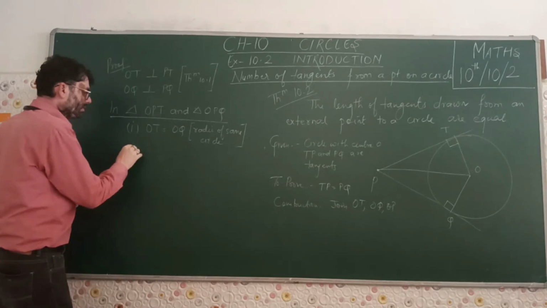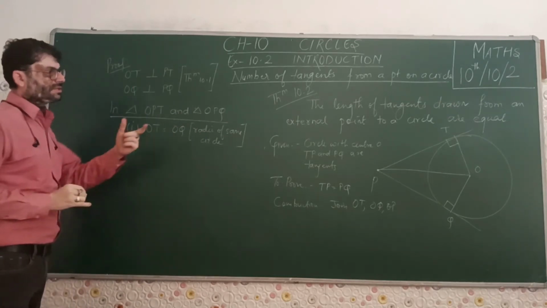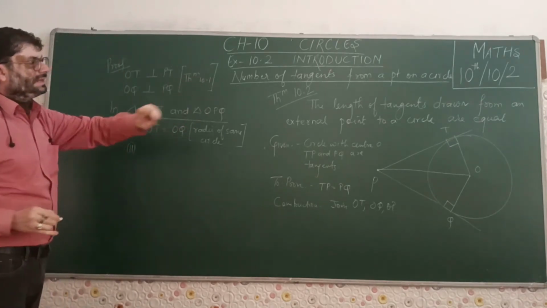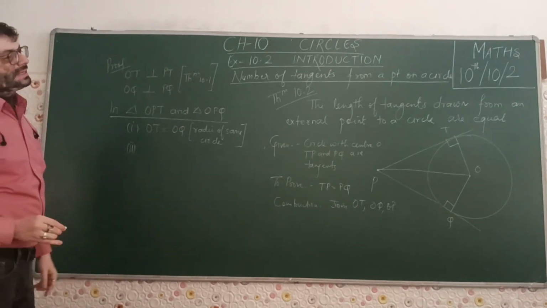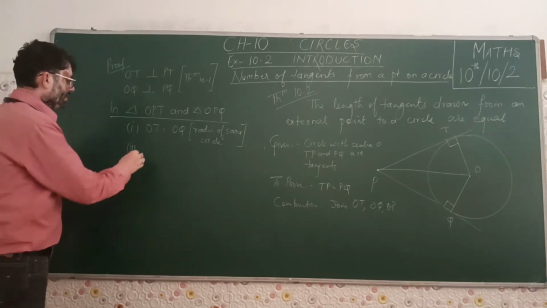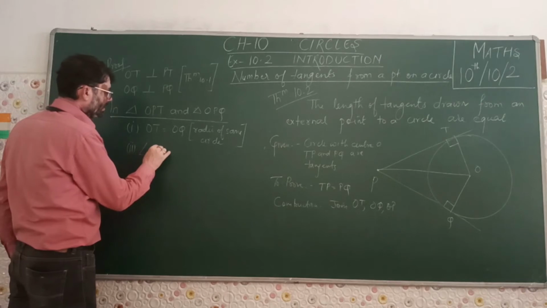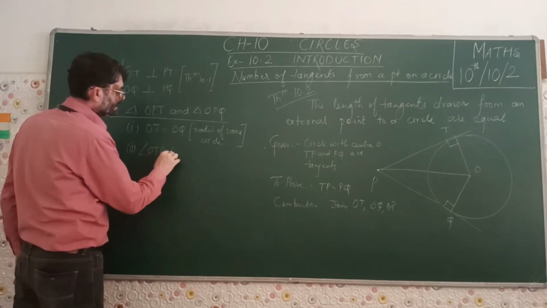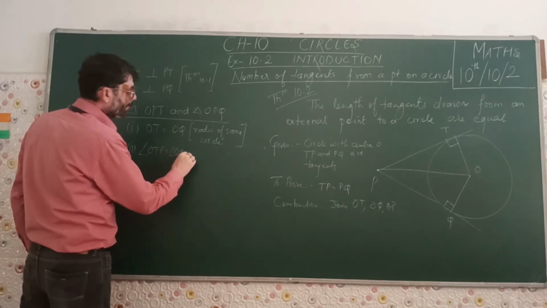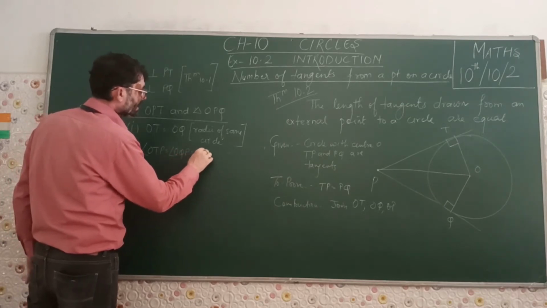Second, by construction and theorem 10.1 we have seen that angle OTP is equal to angle OQP is equal to 90 degrees.